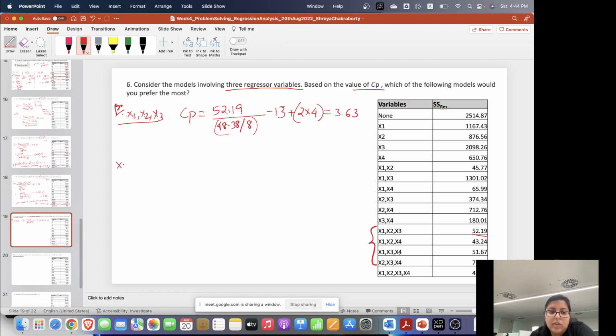Next, if we proceed to x1, x2 and x4, then Cp would be 43.24 by 48.38 by 8, minus 13 plus 8. If we calculate it, it will come to something around 2.15.